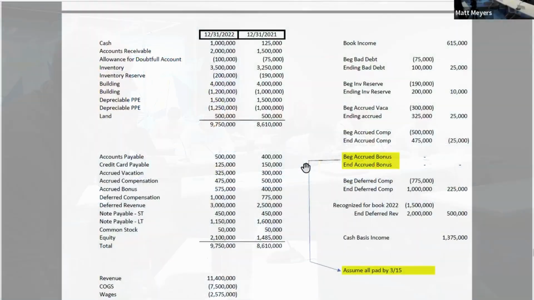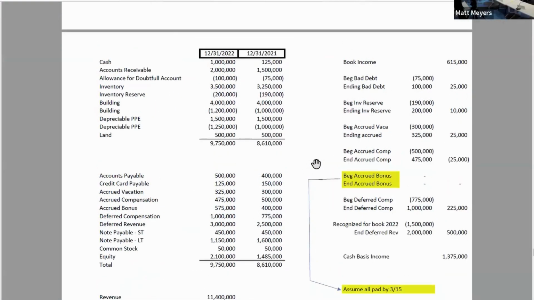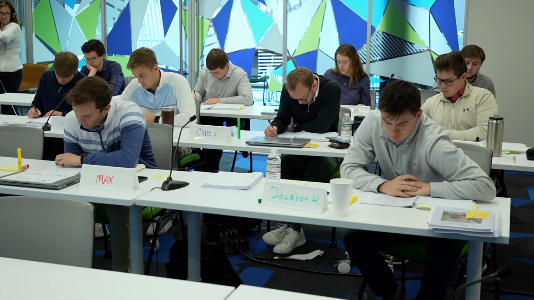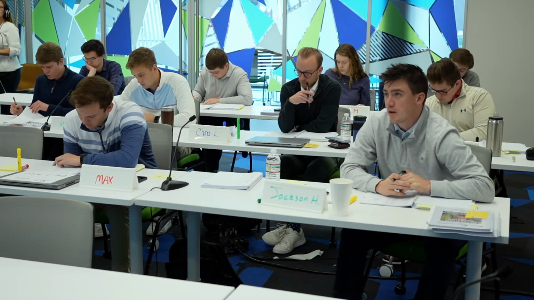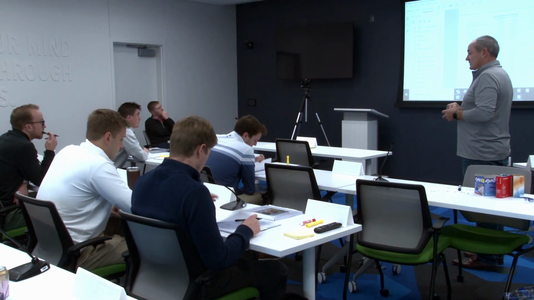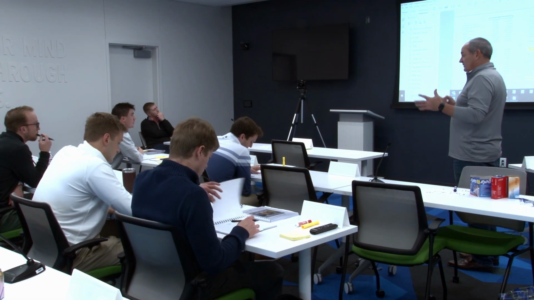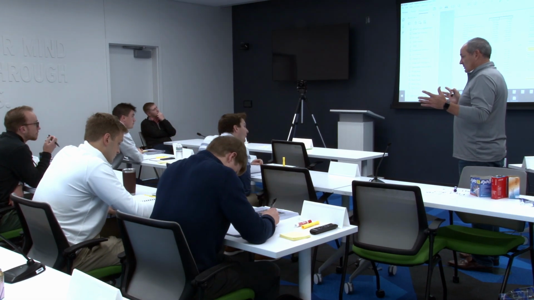Okay, so I think this might be accrual method, M-1s. Jackson, what do you think about this? Where do we always start when we're doing our M-1 calc? We always start with our book income, because book income has every GAAP accounting method in there to quantify that number.